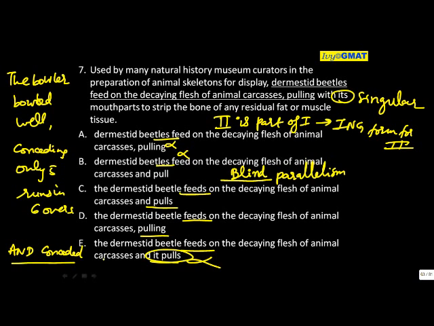Please tell me. The bowler bowled very well, conceding only 5 runs in 6 overs. Or should I say and conceded? If I say and conceded, it will mean bowling and conceding runs are independent and different. This conceding runs is happening along with bowling. Is it part of the bowling or is it independent? So the ing form is the right answer.